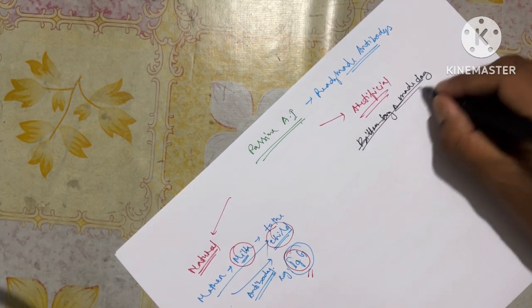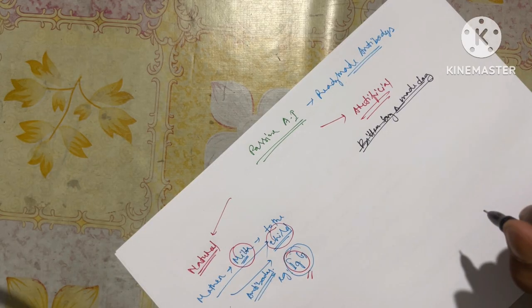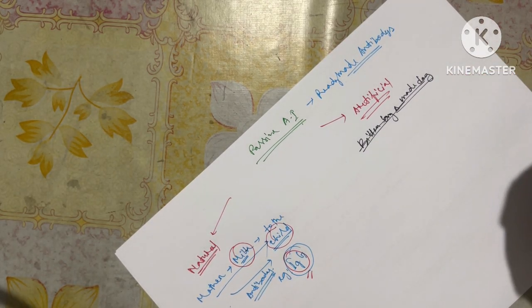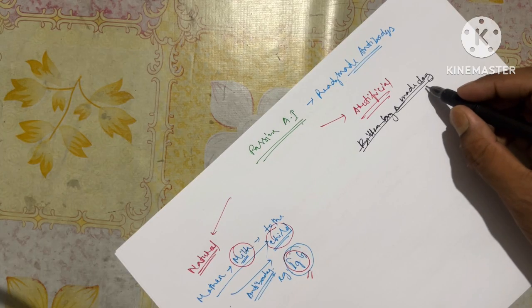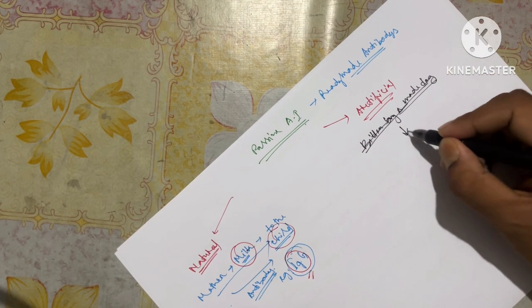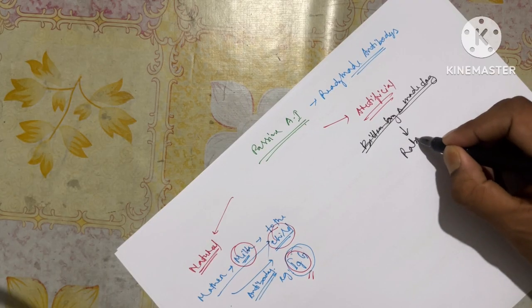If a person is bitten by a mad dog, that person may get infected with a very deadly virus, which is rabies.